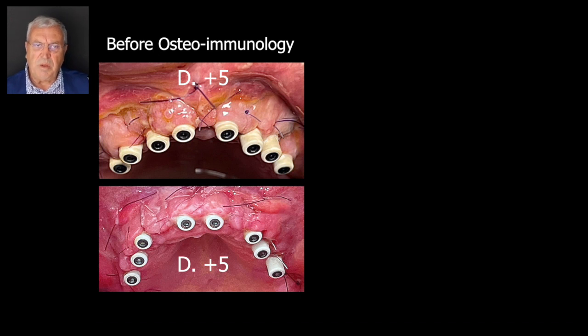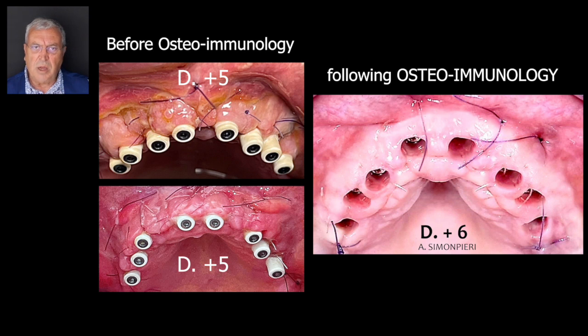This is what we did before. Using PRF and deep sutures, etc., we were happy. But when we started to introduce the topical azithromycin, we can see how the healing is faster and how the soft tissue is much better.